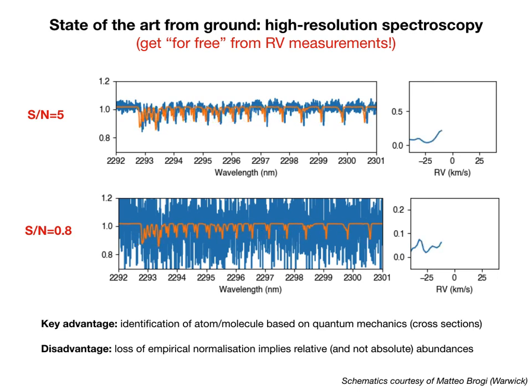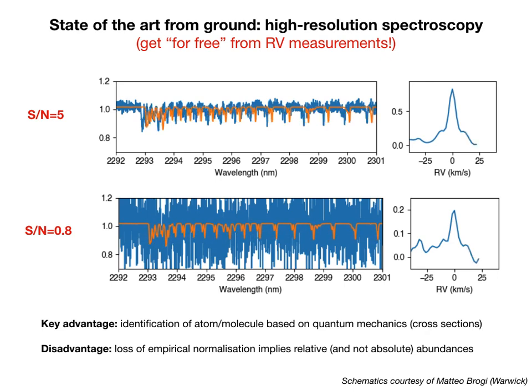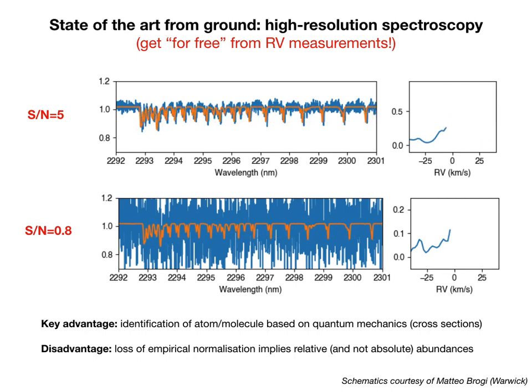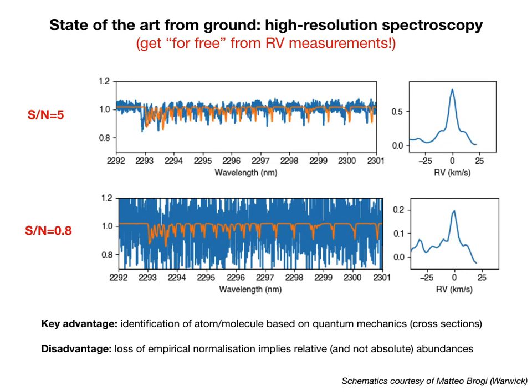So you can see two realizations of data. The top panel, these are all simulations. The top panel is good data, and the bottom panel is noisier data, which is typical of what you see in reality. And the orange template is the cross-section of the atom or molecule. Now, the data is noisy enough that it's really hard to look at just one specific location of the data and infer anything meaningful.